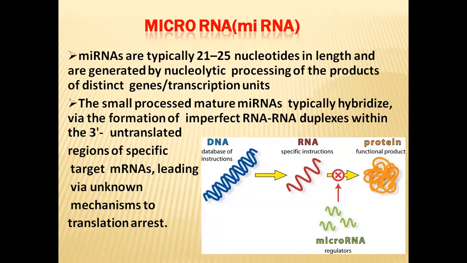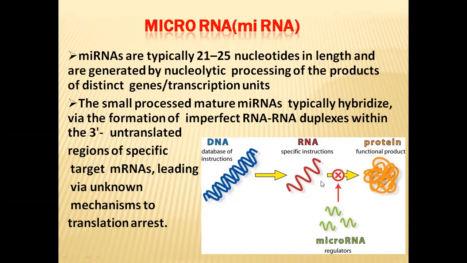Let us see these two RNAs one by one, microRNA, miRNA first. These miRNAs typically have only small chains, with 21 to 25 nucleotides only, and they process the products of certain genes. What will these miRNAs do?